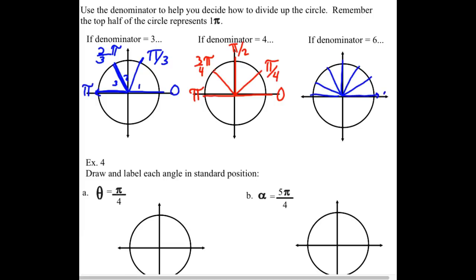All right, so this is 0. This would be pi over 6. This would be 2/6 or 1/3, 3/6 or 1/2, 4/6 or 2/3, 5/6, and pi. Does that make sense?